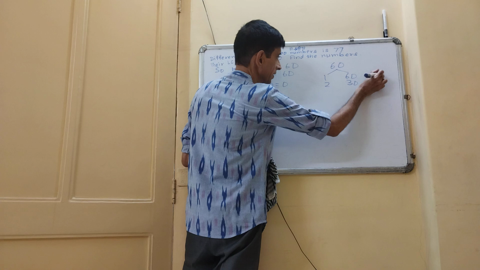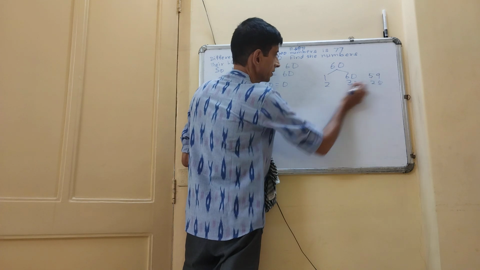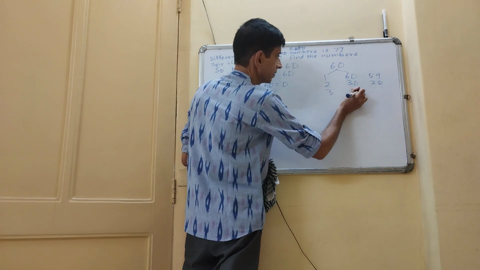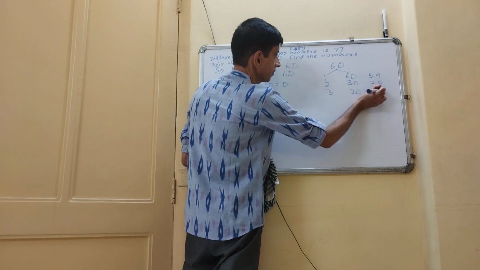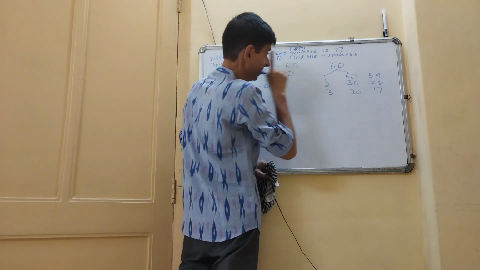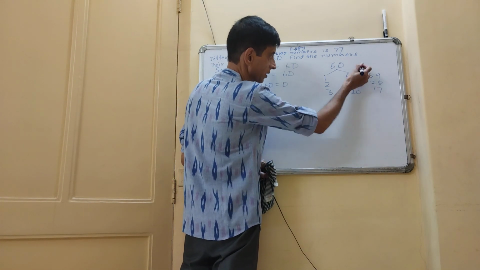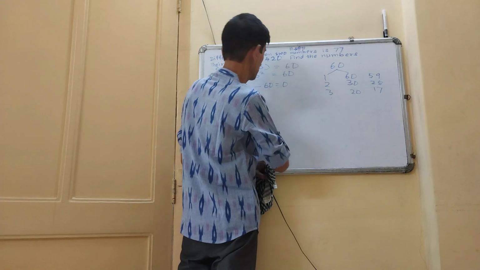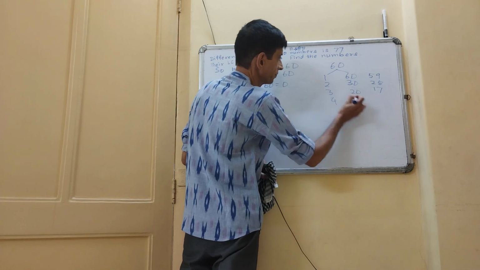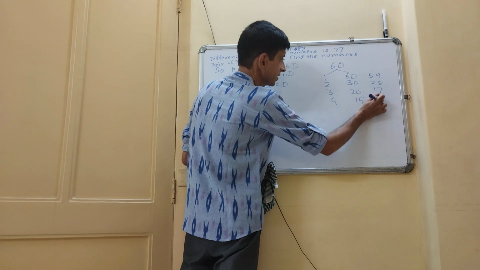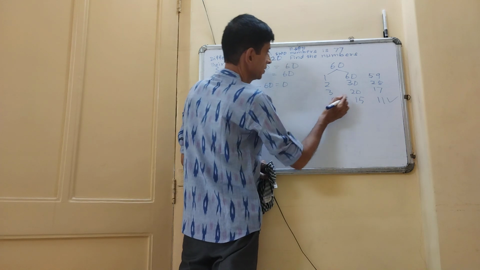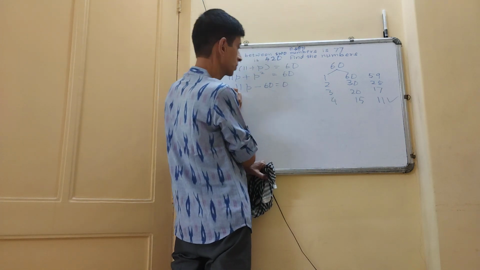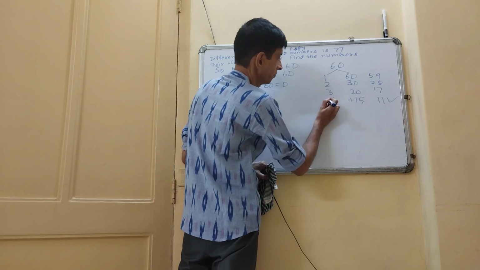Then 3 and 20 will reduce the difference to 17, but we want 11. We are moving towards the constant, but we have a number which we want. So 4 and 15, the difference is 11. That's what we want. Now give the sign of the middle term to the greater factor.